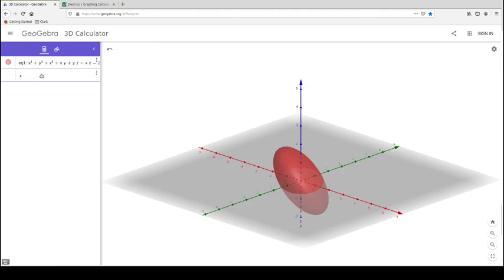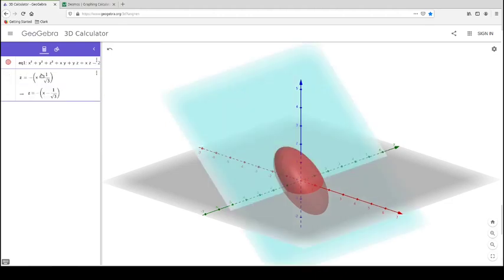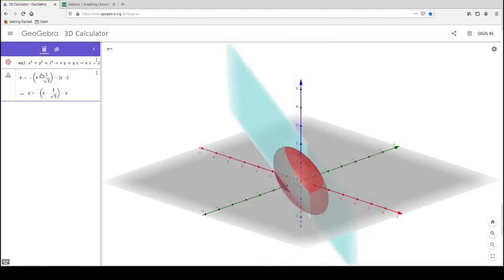So z is equal to negative x minus 1 over the square root of 3 minus y minus 1 over the square root of 3 plus 1 over the square root of 3.